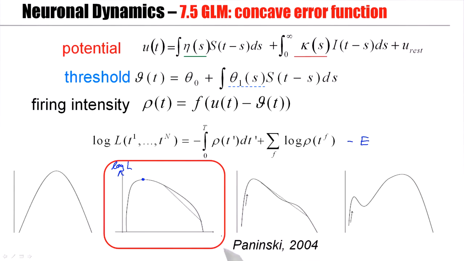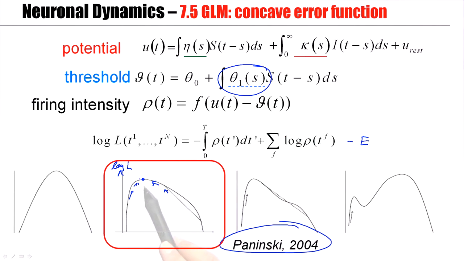And the result which I mentioned on the previous slide, which is due to Liam Paninski, states that such a neuron model has a log likelihood function which is concave, which only has one single maximum. And that means parameters can be optimized in a systematic fashion by maximizing the log likelihood. In particular, the parameters of the threshold, which you still have to optimize, can be done in this systematic fashion.